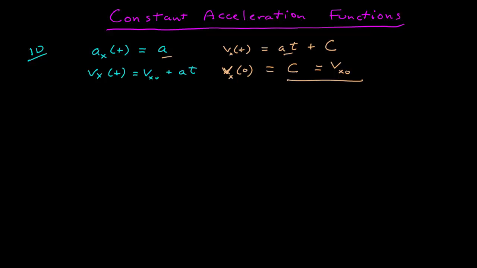Okay, fine. Now let's find the position. The position as a function of time is going to be the antiderivative of the velocity function of time. So that's equal to this constant, the initial velocity, times time, plus the antiderivative of this term, which is 1/2 a t squared, plus some additive constant.